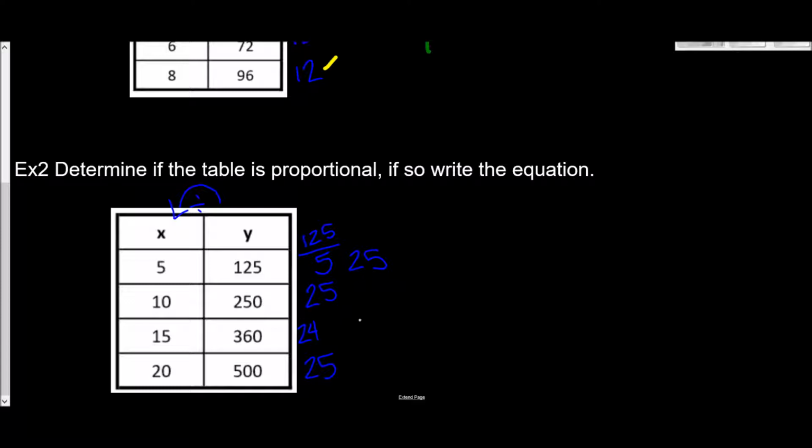Now, immediately I see that this 24 is different. That means it is not proportional. And I cannot write an equation because I wouldn't know which number to enter into my equation.